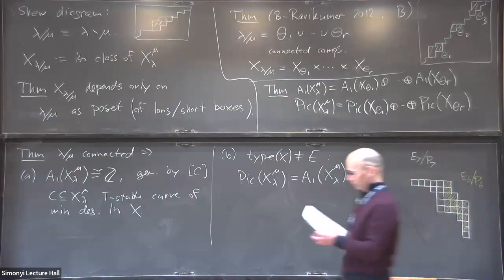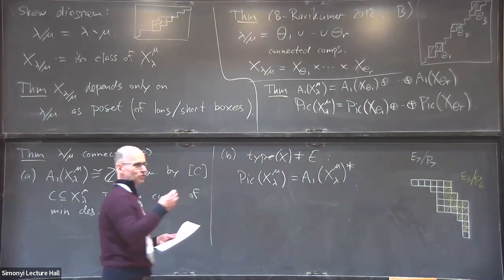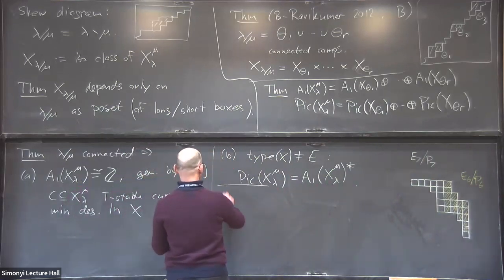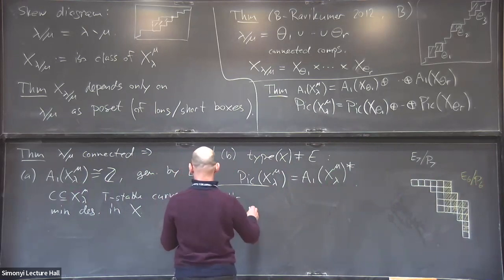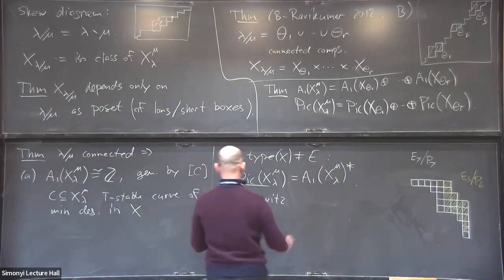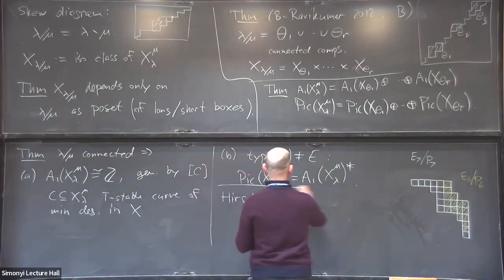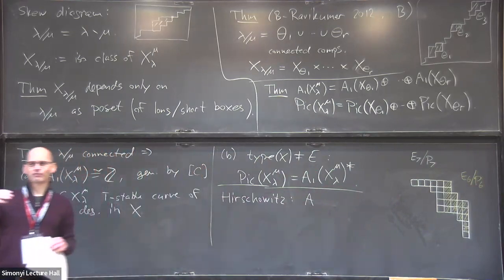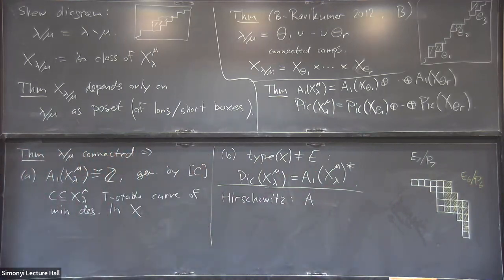And that's the first result I need, namely Brion proved that T-equivariant Chow groups, as he defined them, are the same as ordinary Chow groups in situations where you have a projective variety and a solvable group.